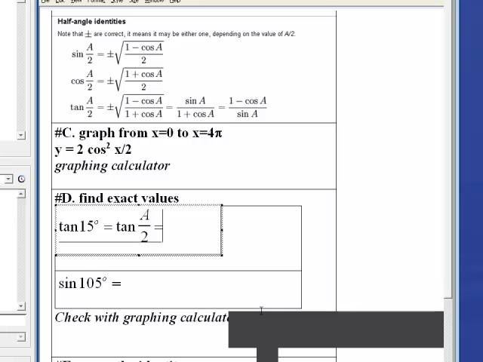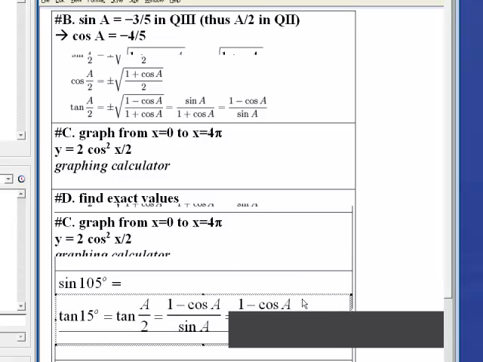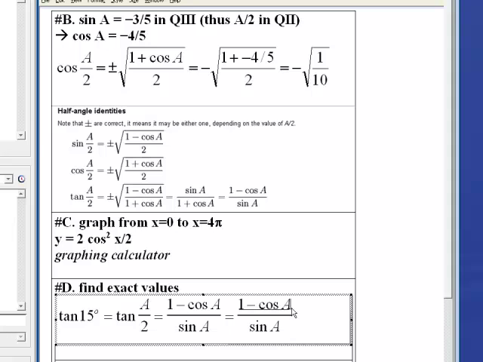I may, for example, use the third one. So we have 1 minus cosine A over sine A, and then we plug in the numbers, which of course makes the angle 30 degrees.